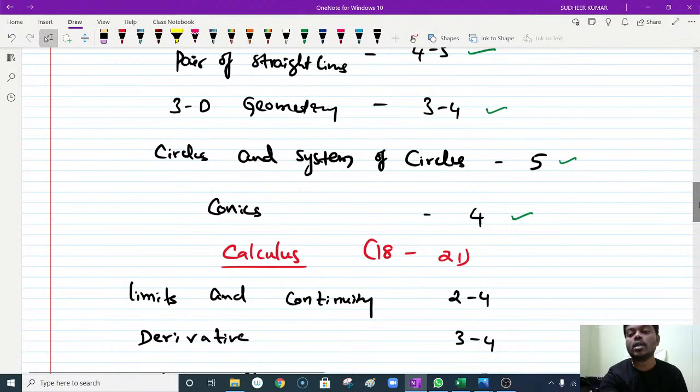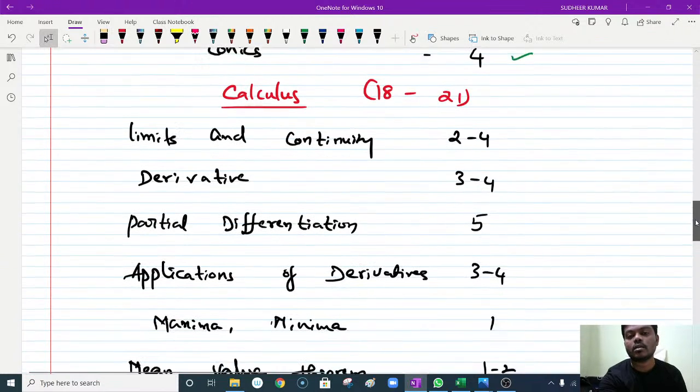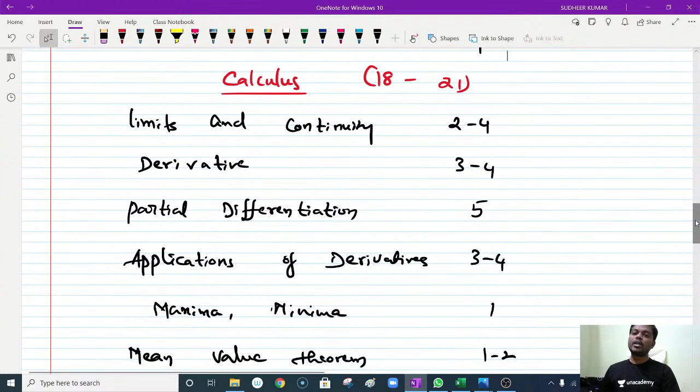Then let us go to the calculus part. Calculus is very important even for IIT as well as any competitive examinations. It has slightly more weightage than the others, but on average it seems to be the same: algebra, coordinate geometry and calculus.